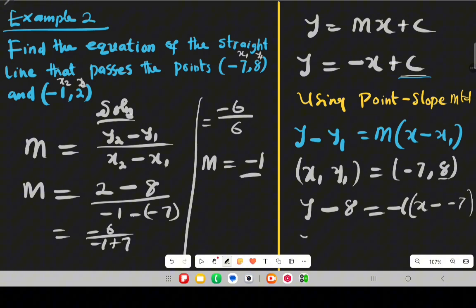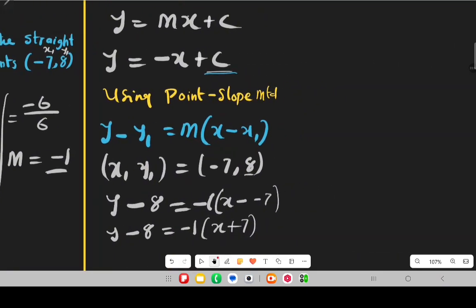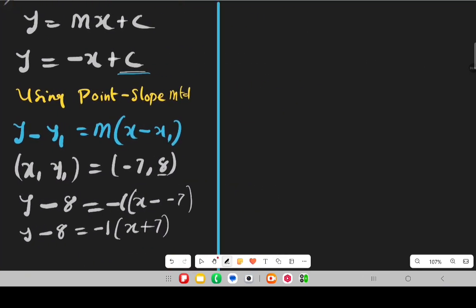Then if we continue, we have y minus 8 equal to minus 1 into x minus minus 7. Minus minus in mathematics changes to plus, which is x plus 7. Now if we expand or open the bracket, we have y minus 8 equal to minus 1 times x gives us minus x, minus 1 times 7 gives us minus 7.